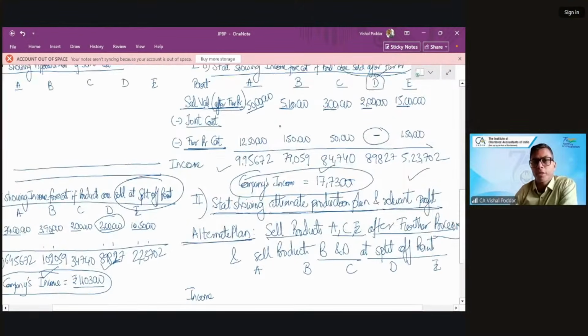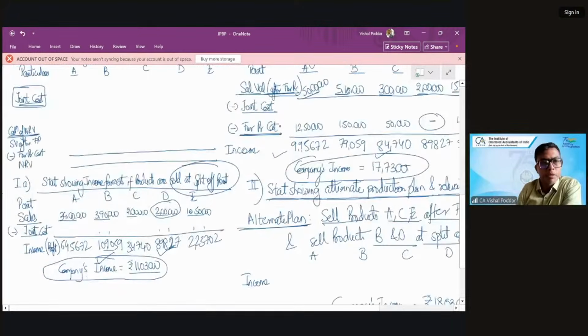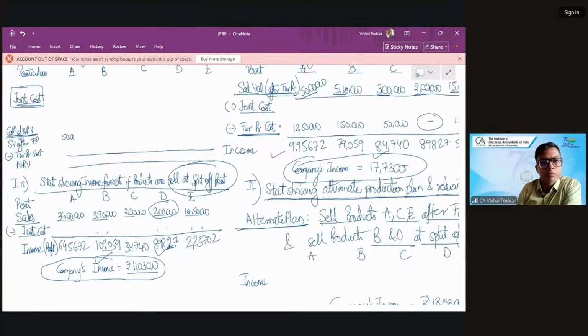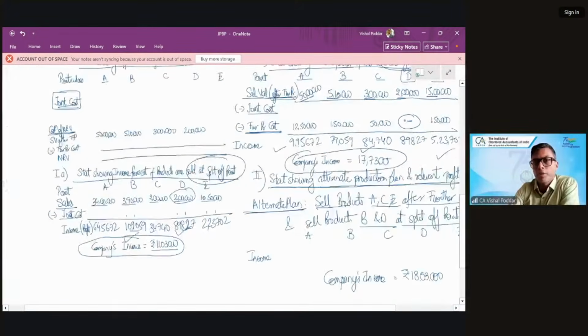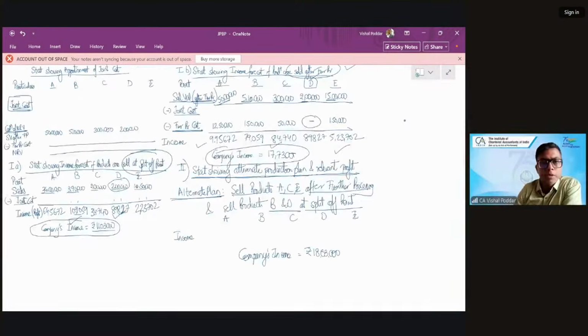So these are my sales after further processing, 50 lakhs, 5 lakhs 10, 3 lakhs, 2 lakhs, and 15 lakhs, correct? So these are my sales after further processing.